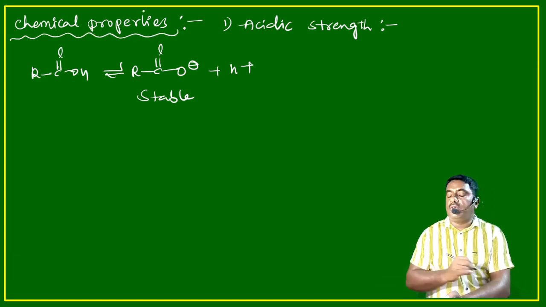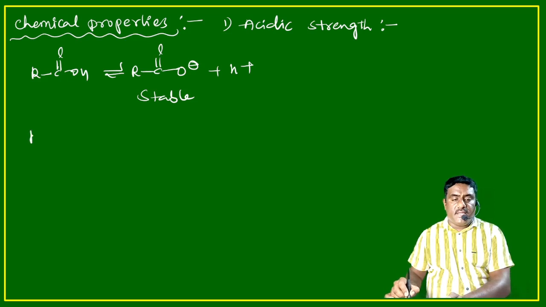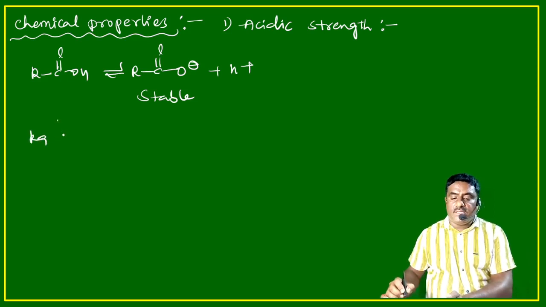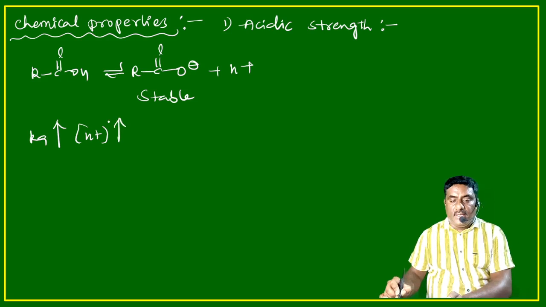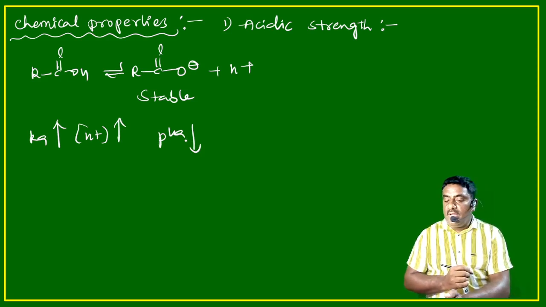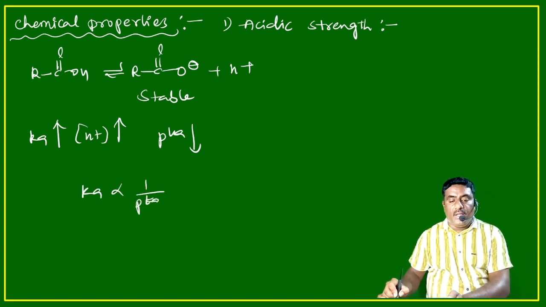To produce H plus, carboxylic acid shows acidic character. If acidic strength increases, the acid dissociation constant Ka increases, the H plus concentration increases, and the pKa value decreases.